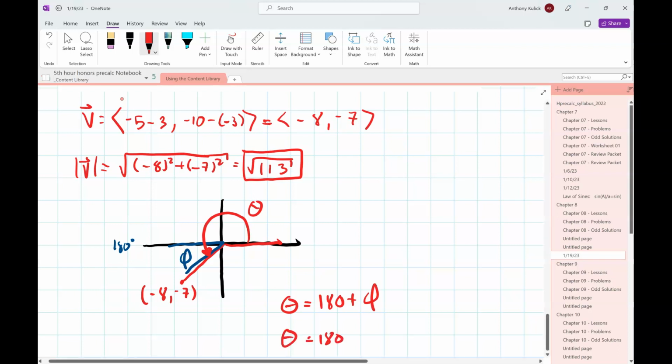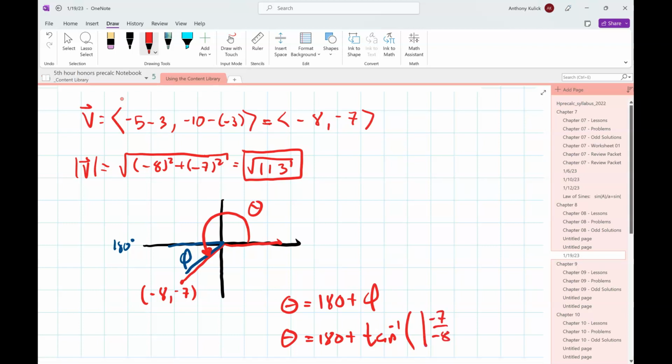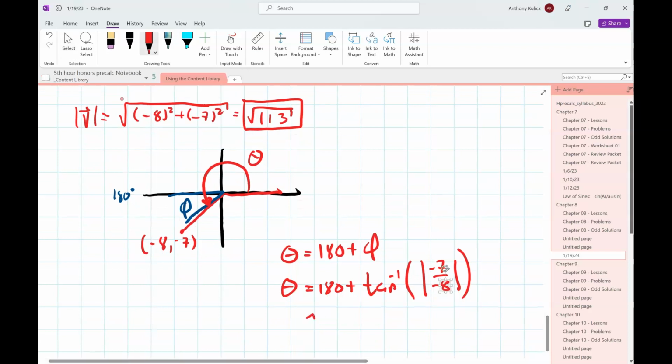And then to calculate phi, we're going to do tan inverse of y over x, but we're going to do the absolute value. Remember, we always do the absolute value of the stuff inside of phi. And then it's just calculator time. Notice that we're using degrees here to describe directions for vectors. That's the standard. Typically, we wouldn't use radians to do this. So if you didn't like radians, good chapter for you because you won't see many of them.